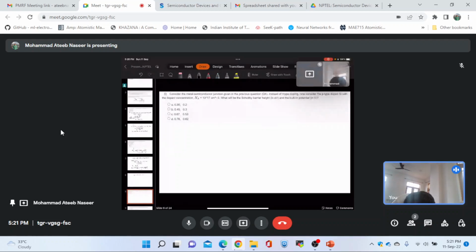If I add that over here, this will be half of the band gap. This is the intrinsic Fermi level, and this is the actual Fermi level which is due to the p type of doping. So this is equal to 0.56 electron volt, as this is half of the band gap, and this is the conduction band, this is the valence band.